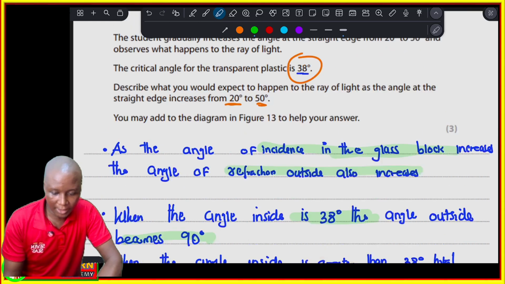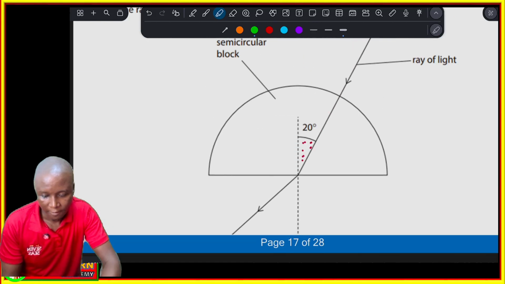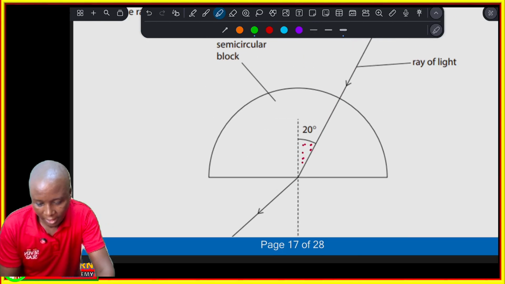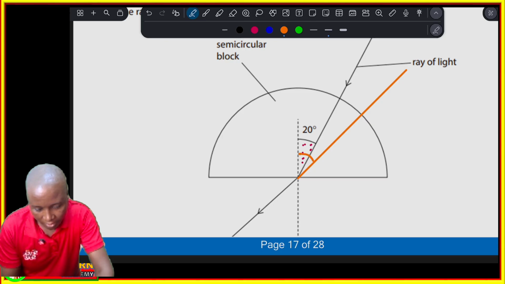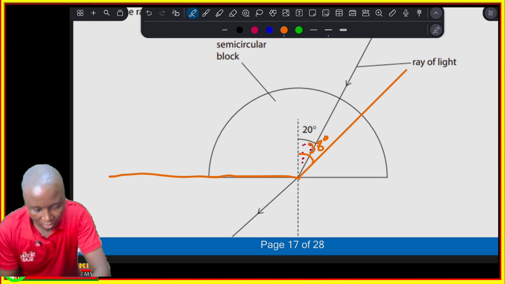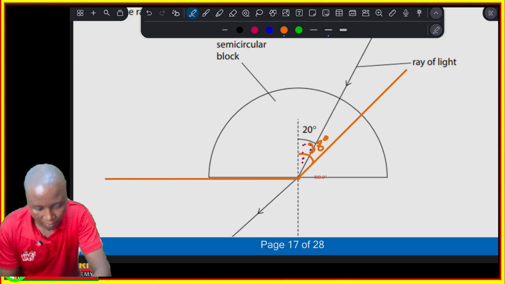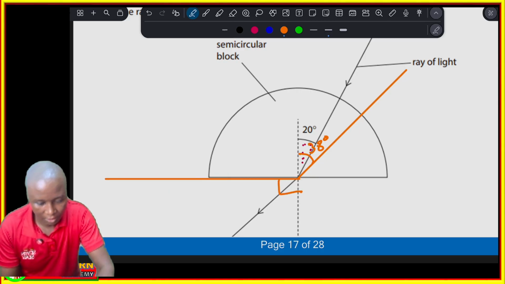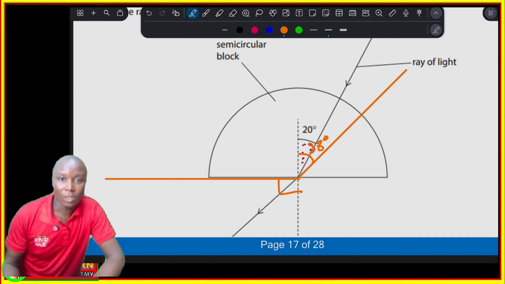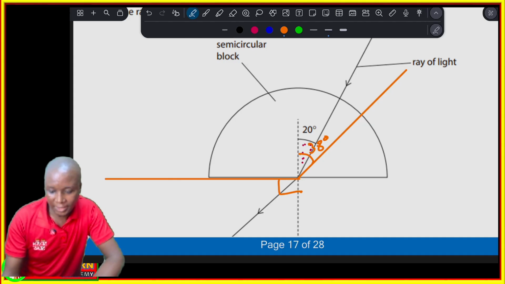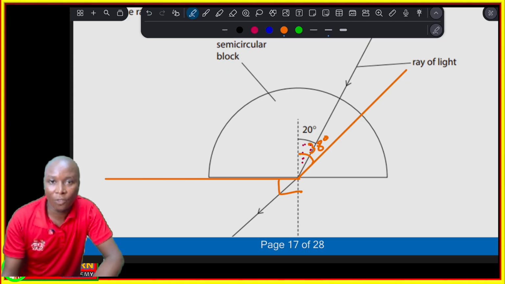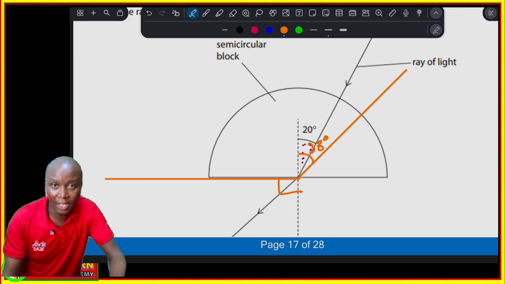So basically, what we're trying to say is that when this angle is 38 degrees, the angle of refraction here will be 90 degrees. That's why the critical angle is defined as the angle of incidence in the dense medium when the angle of refraction is 90 degrees.